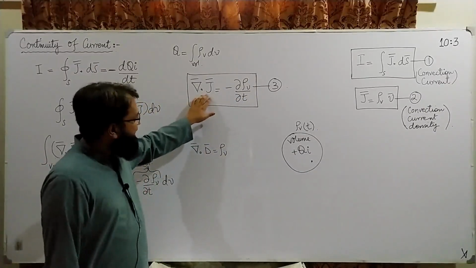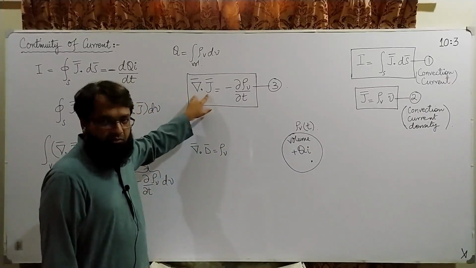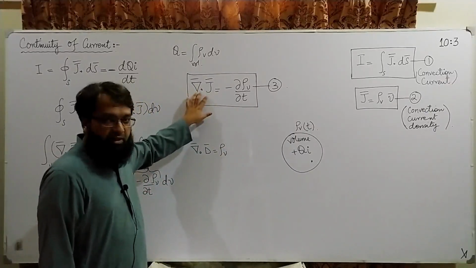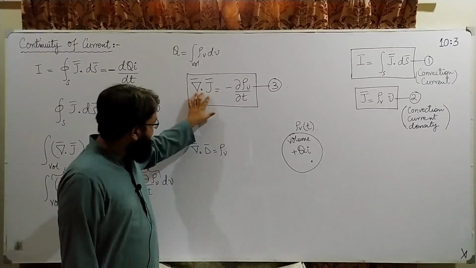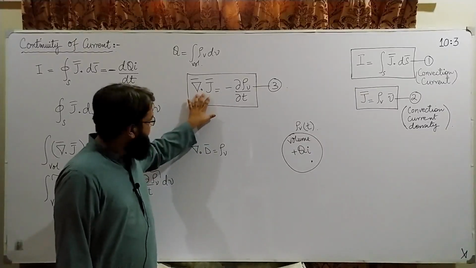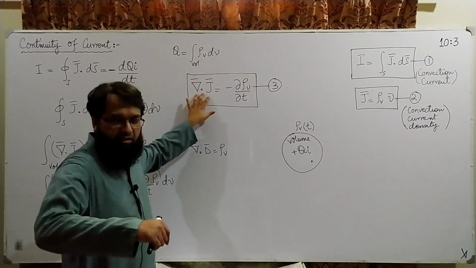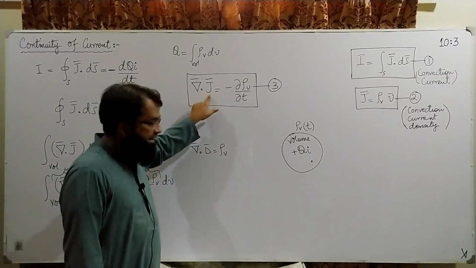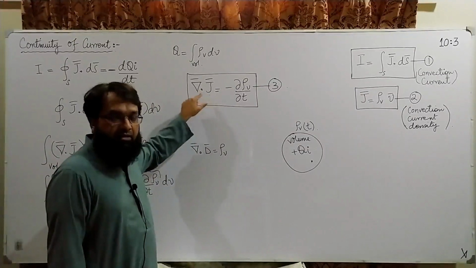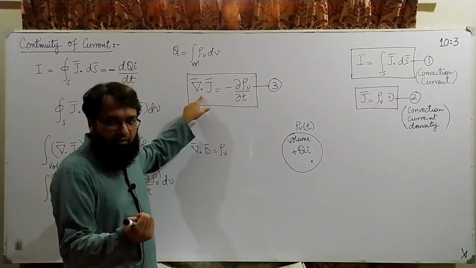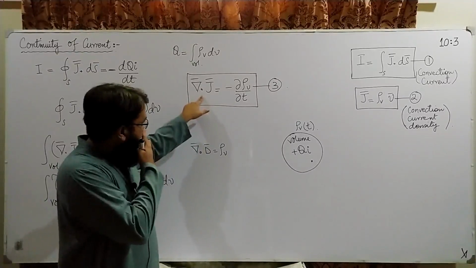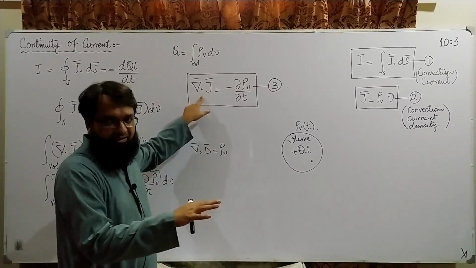And if the divergence turns out to be a negative value, it means that the point over which you have calculated the divergence is a sink of current density, meaning that at that point charges are coming in and they are staying there.